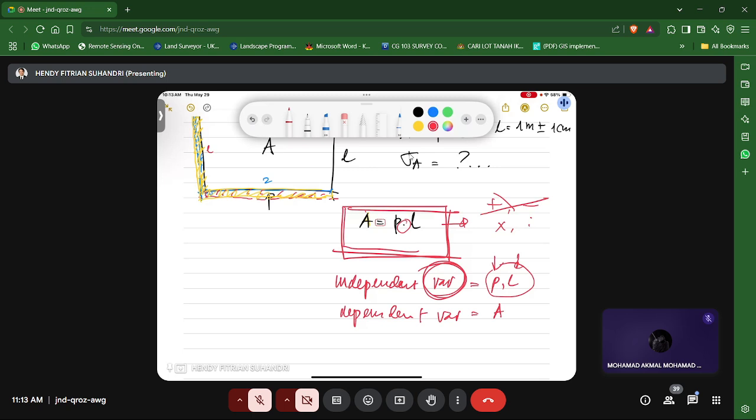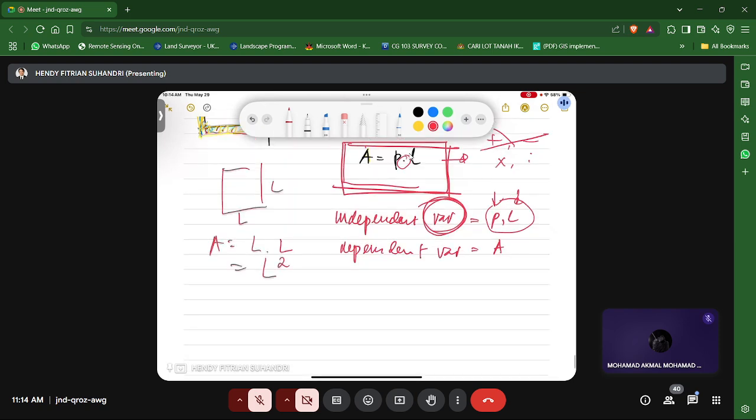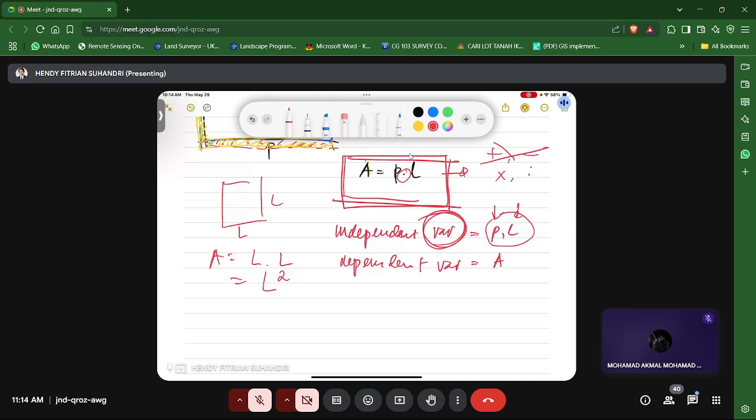Hal yang sama berlaku bila kita memiliki L times L, kita boleh katakan L square. Ini tak boleh kita jadikan L square atau P square disebabkan panjang dia tak sama, tetapi secara hakiki dia adalah perkalian daripada independent variable. Apa yang boleh saya katakan di sini? Bahawa persamaan ini bukanlah suatu persamaan yang linear.